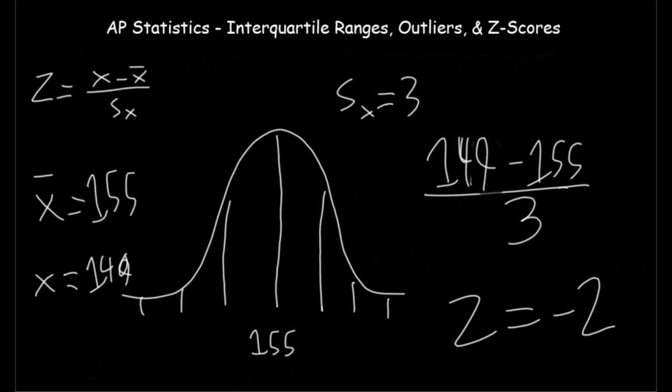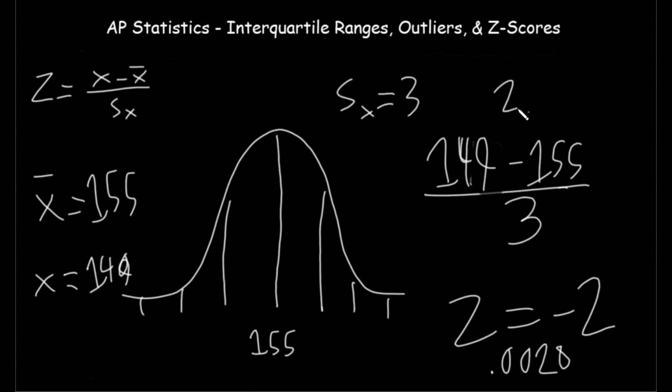Okay, now basically what you have to do here, you probably won't know this by memory, but you will be given a z-score table that basically tells you all the percentiles based on your z-score. So let me just look up the z-score table real quick. For negative 2, your value would be about 0.0028.